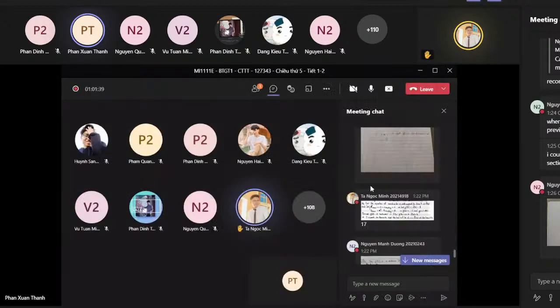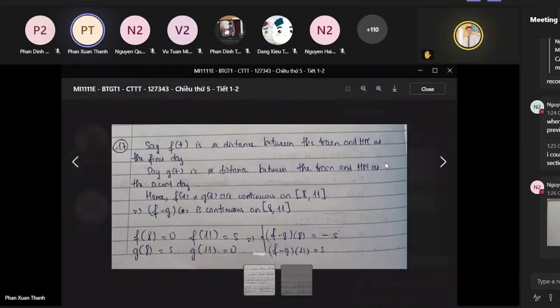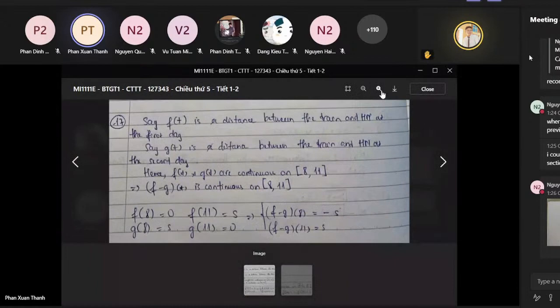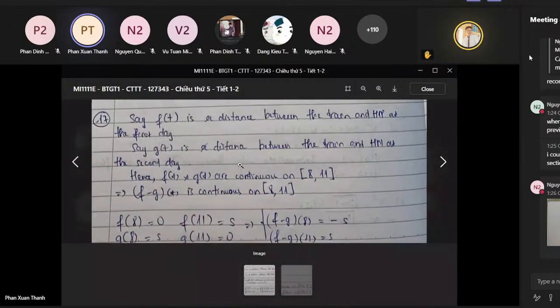Okay, let me check one more solution. This one. f(t) is the difference between the Chain and Hanoi.